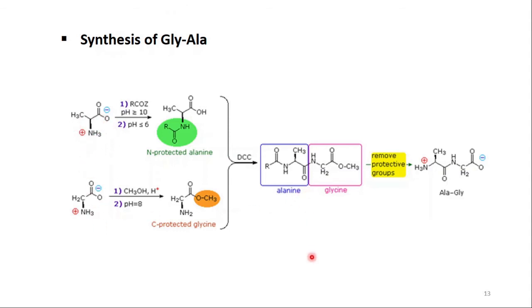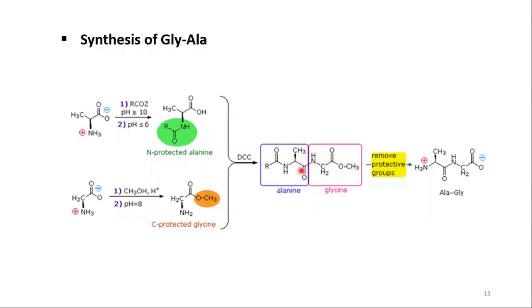So, on one side we have the alanine part, on another side we have the glycine part. Okay. In this example you can see it here. So, you have the alanine part, that is nothing but CO, this NH, this CH3, you can call it RCONH CH3CO part, and from the glycine part you have NHCH2COCH3.